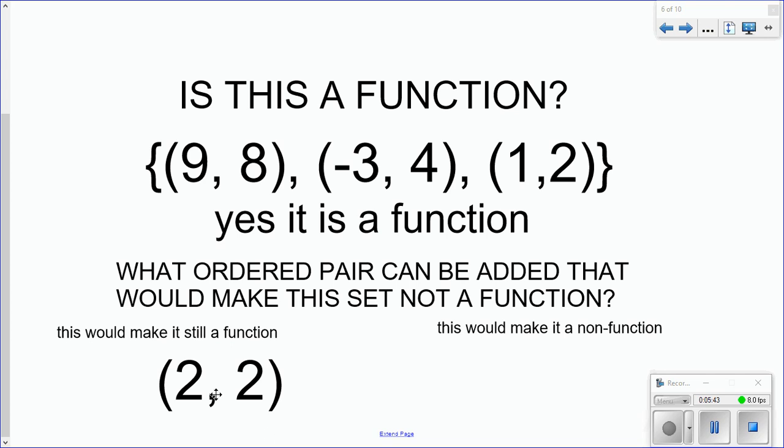The x value of 2 only matches with a 2. It's okay that the y values repeat. It's not okay if the x values repeat. So to make it a non-function, we would want to pick one of these x values to repeat. So like -3 comma 1. Now the -3 is going to both the 4 and to the 1, which is not okay.